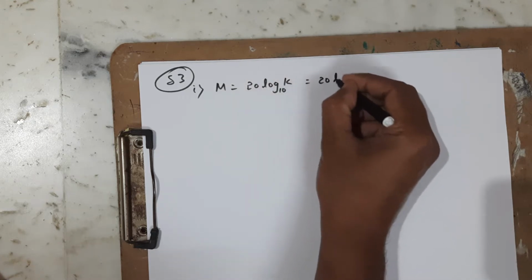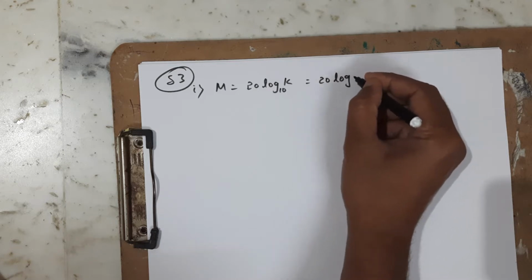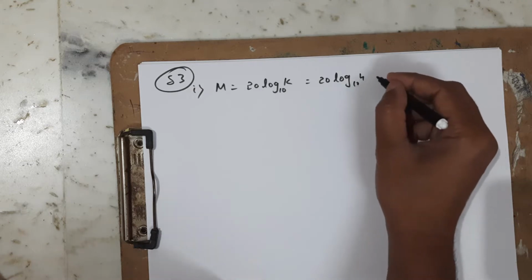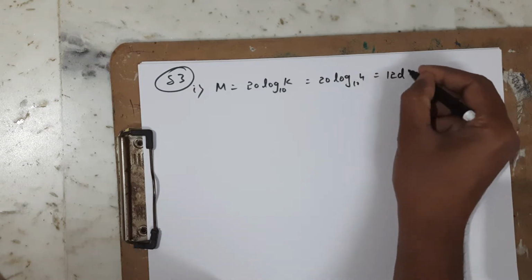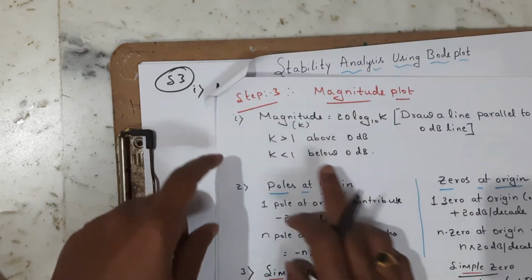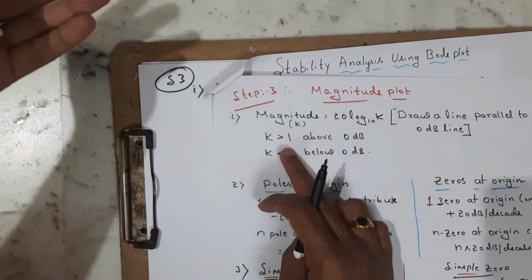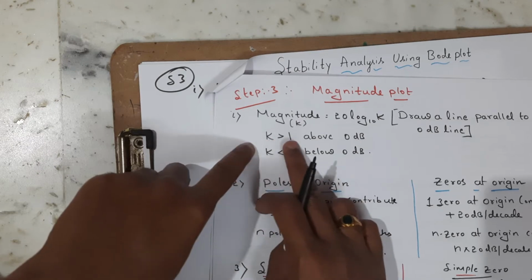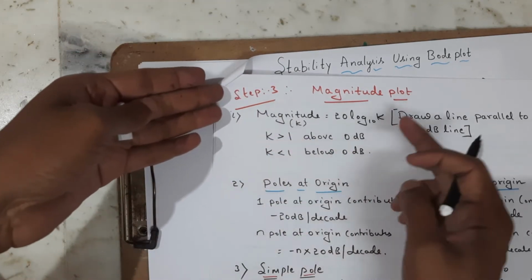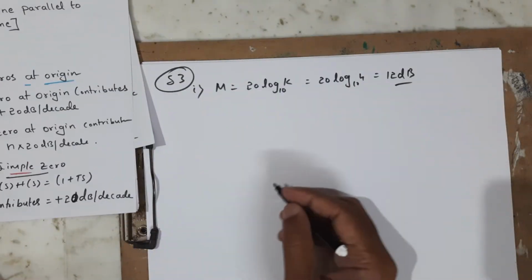So 20 log of 4 to the base 10. How much did we get? This is equal to 12 dB. So I am going to draw a line above the 0 dB line, because K is greater than 1. I am going to draw a line parallel to the 0 dB line, above it. So you have to write it.